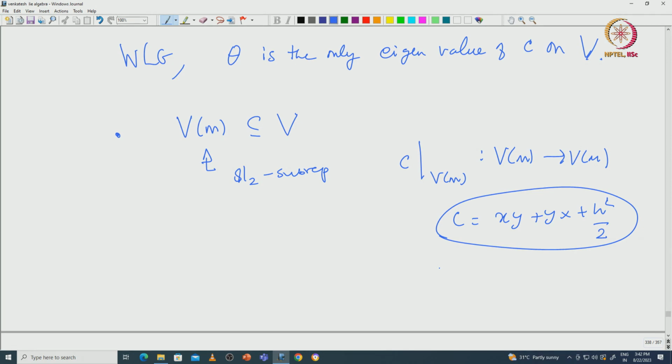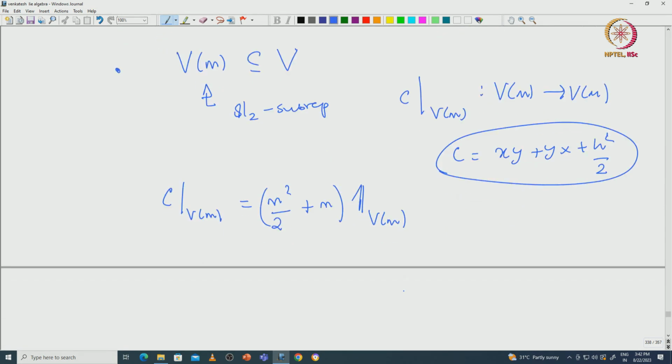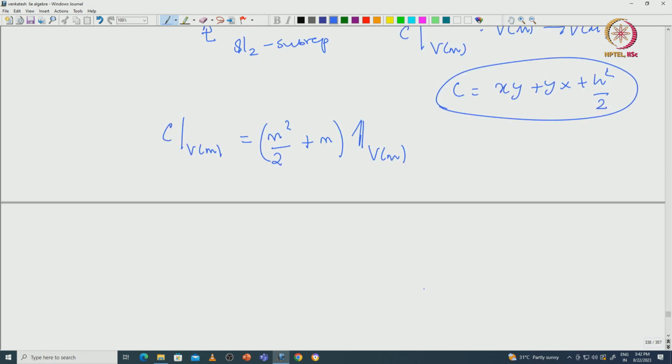So, by Schur's lemma, C must be some scalar times identity on V of m. We also computed what that scalar is. So, we know that C restricted to V of m is nothing but m squared by 2 plus m times the identity on V of m. But theta must be the only eigenvalue. So, in particular this forces that theta must be equal to m squared by 2 plus m.